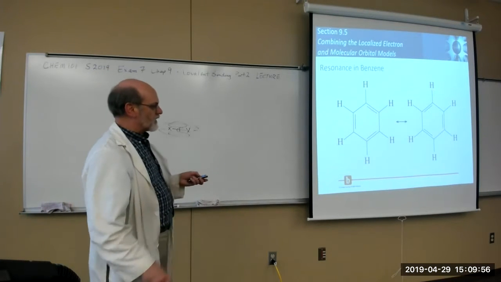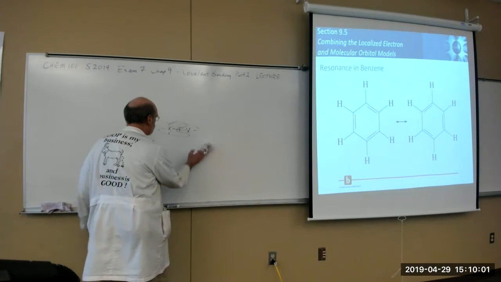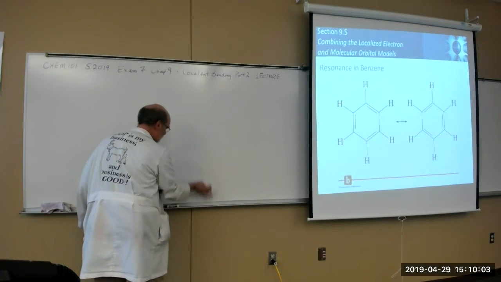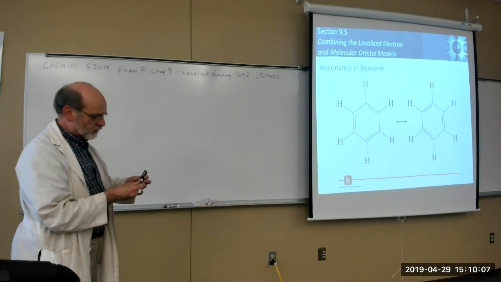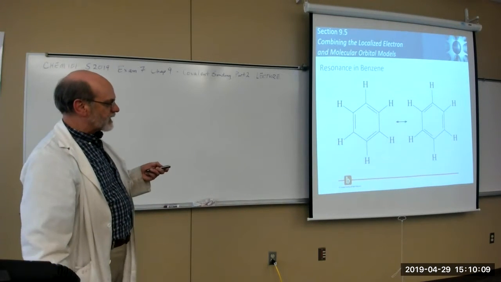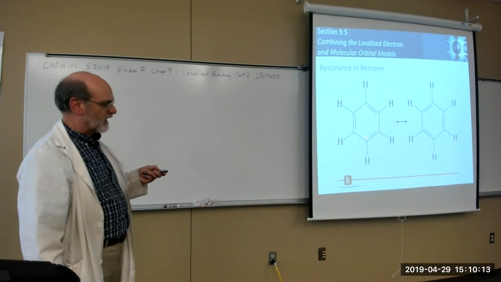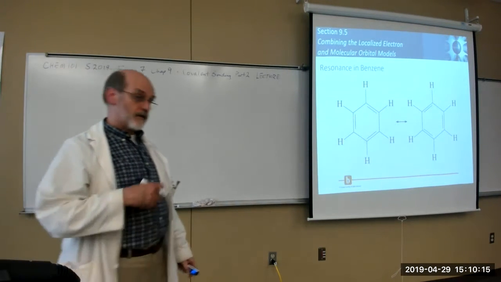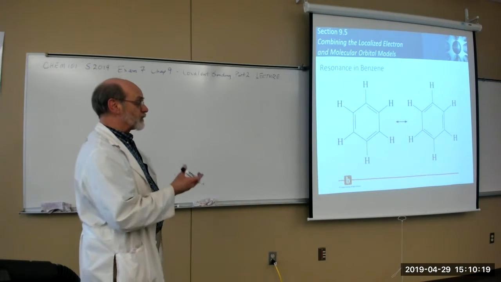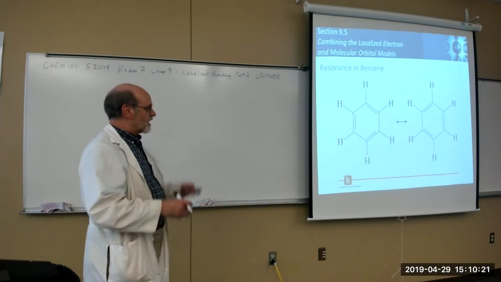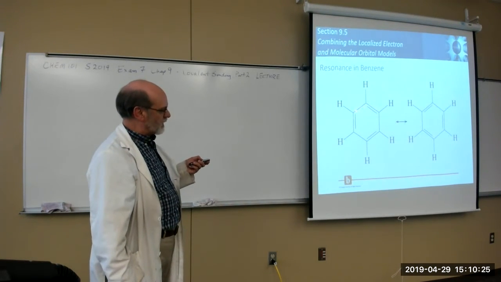Well, that's the localized electron model talking. Delocalization and the molecular orbital theory have to account for the fact that each of these bonds is exactly the same length, which means they're the same strength. So if they're the same strength and the same length, they cannot be pi bond here and only sigma there.